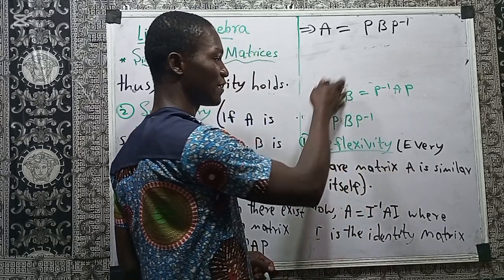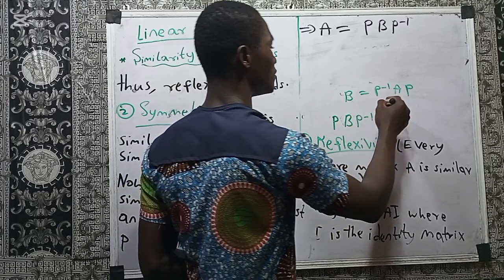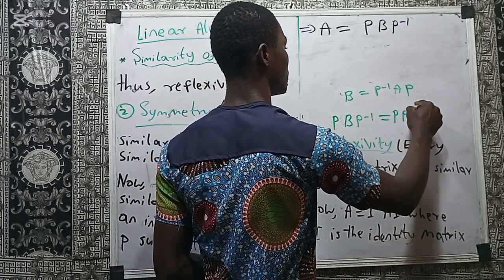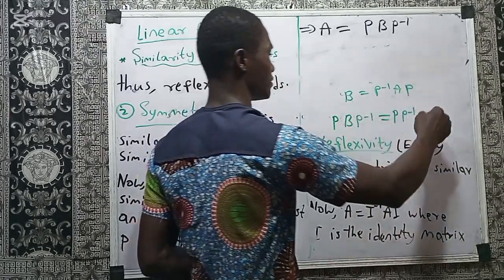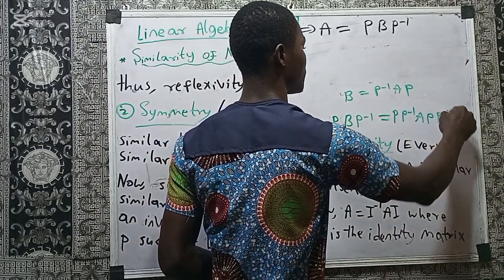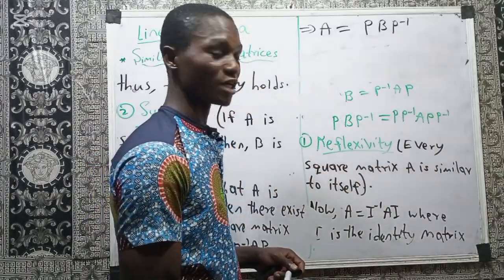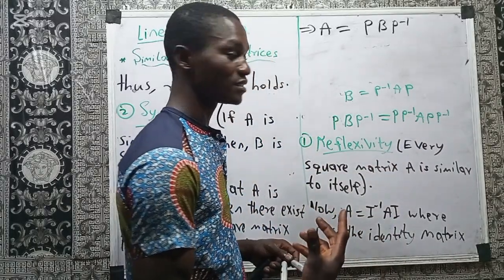Do the same thing on this side, at the left by P and at the right by P inverse, right? With this, you make your matrix A the subject of the formula, because P P inverse will give you the identity matrix.